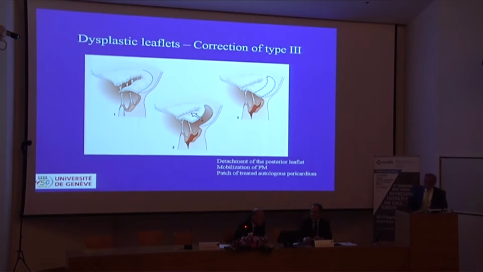Or, as in Hammock valve, we detach the posterior leaflet from its insertion to the native annulus, and we put a patch, and then, as I told you, in Hammock valve, there are a lot of muscular trabeculations, and you also have to detach these muscular trabeculations from the left ventricular wall in order to give more mobility, because in the Hammock valve, the stenotic component is more predominant.